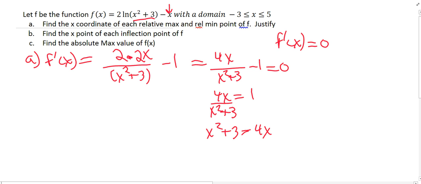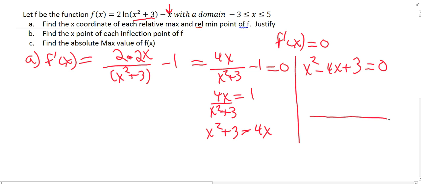Move the 4x over, and we get x squared minus 4x plus 3 equals 0. Now we can factor this, hopefully. It's x minus 3 and x minus 1. So we know that x equals 1 and x equals 3 are critical points.